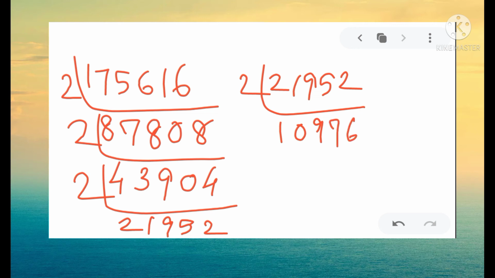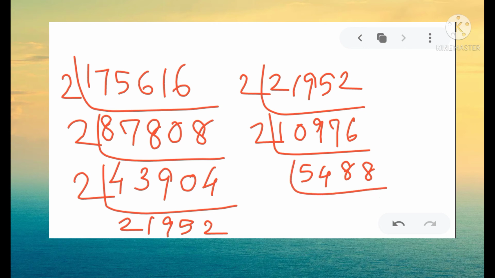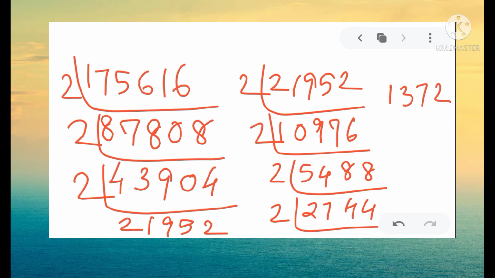Then again by 2, 5, 4, 8, 8 by 2, 2, 7, 4, 4 by 2 it is 13, 7, 2. Again by 2, 6, 8, 6 by 2 it is 3, 4, 3.